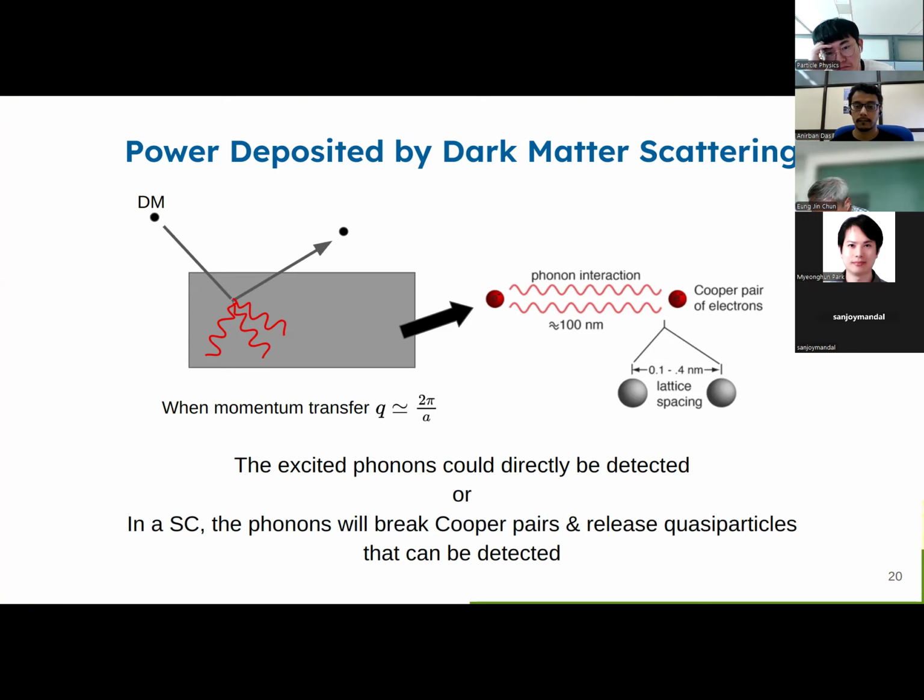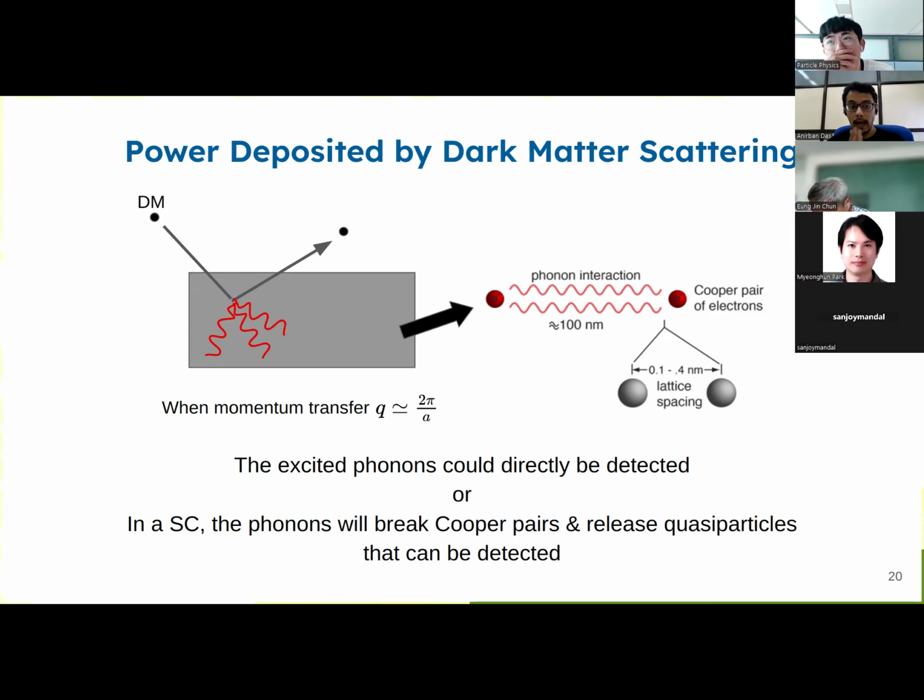Okay, so here also dark matter should communicate with the electron with, like, a photon. In this case, we are not considering dark matter electron scattering. We are considering dark matter nucleon scattering because we want to use the phonons. But there is nothing wrong with dark matter electron scattering. It's also possible in some dark matter models.